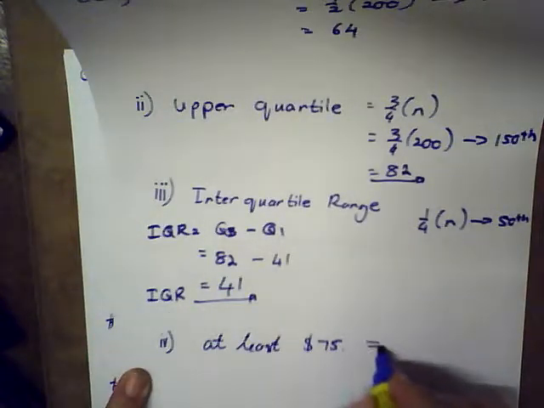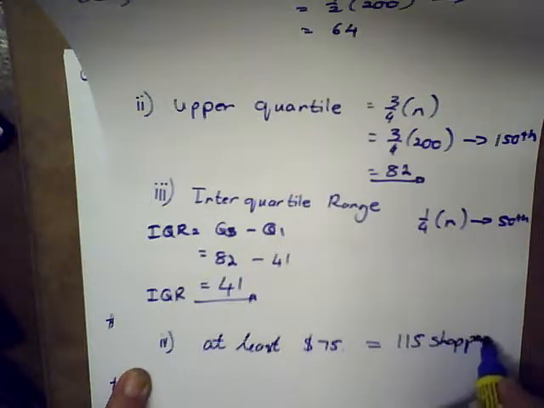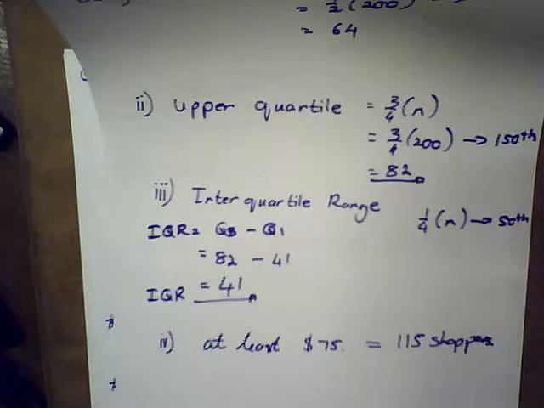Okay, so that would be 115 shoppers, but I've spent at least $75. No, wait a bit, at least $75. So that would be 115, that's not true, sorry guys. 115 shoppers, so it's 200 shoppers minus the 115.